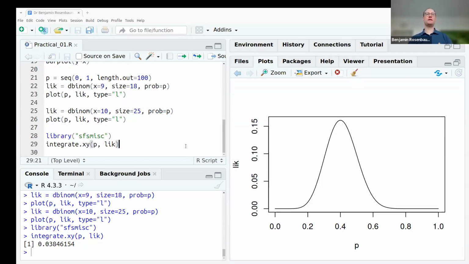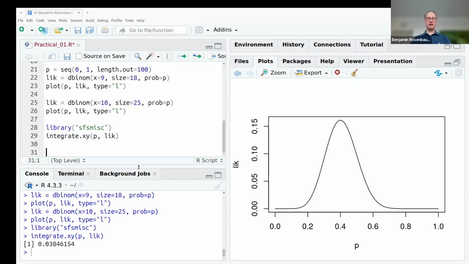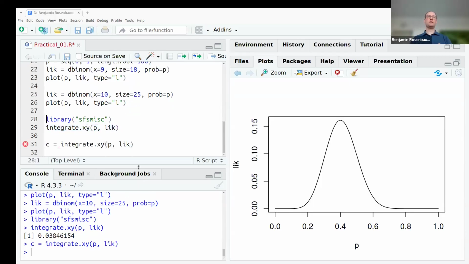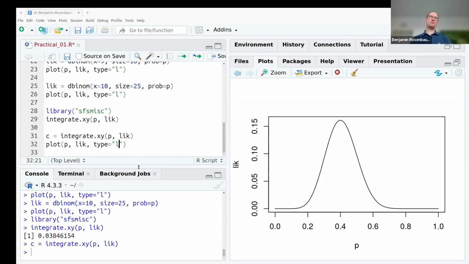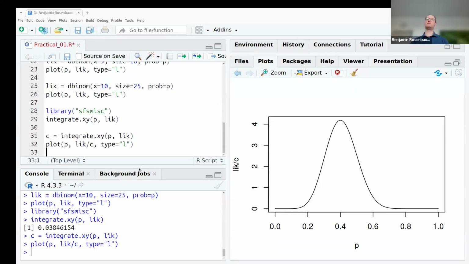We could turn this into something we can use by dividing this likelihood function by the whole integral. So it's saying, okay, C is equal to this value here. And then we plot P versus likelihood divided by C. You see nothing changed. It looks the same, but the scale here is different.